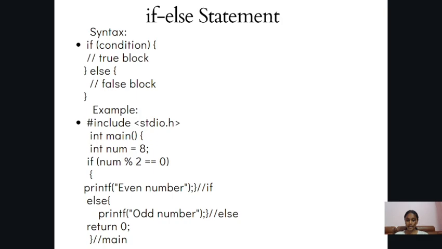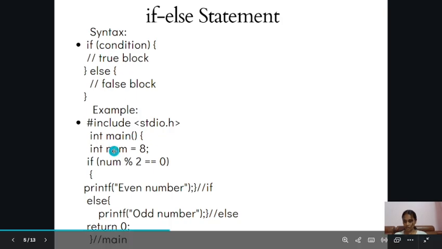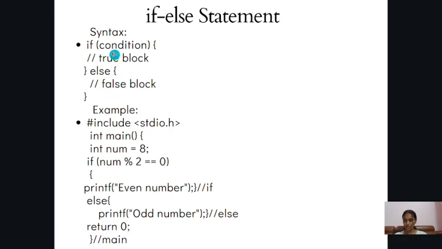The if-else statement provides two possible paths. If the condition is true, the true block runs. If false, the other one runs. The example we took here, the syntax is this.